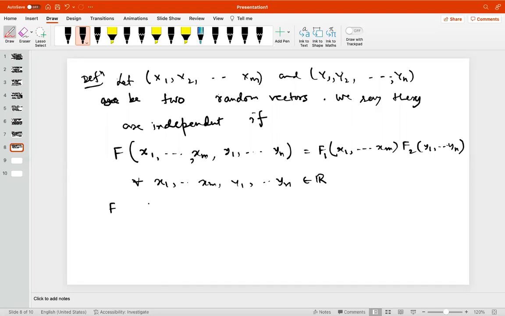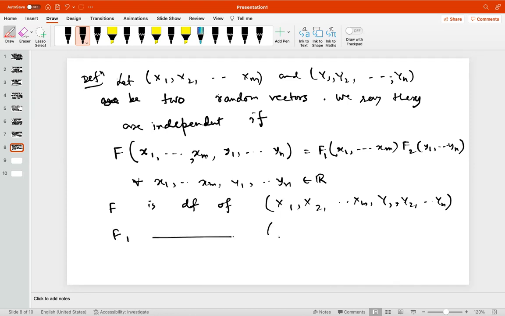So F is the distribution function of X1, ..., Xm, Y1, ..., Yn, F1 is the distribution function of X1, ..., Xm, and F2 is the distribution function of Y1, Y2, ..., Yn.